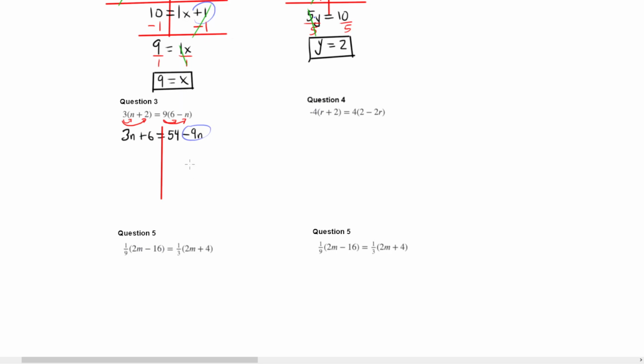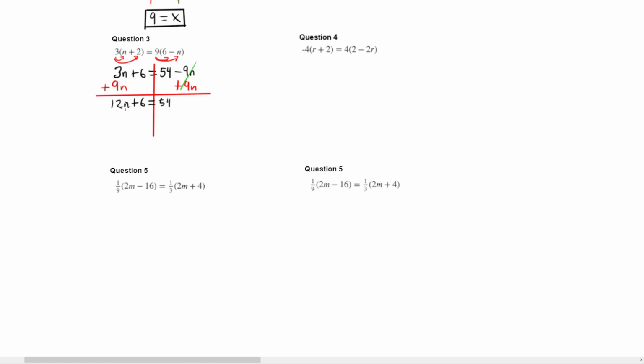I'm going to move this guy because he's a negative. That's the smaller number. I'm going to go with a positive. Positive 9n, positive 9n, and we can cross those out, and I will get 3 plus 9 is going to be 12n plus 6 equals 54.